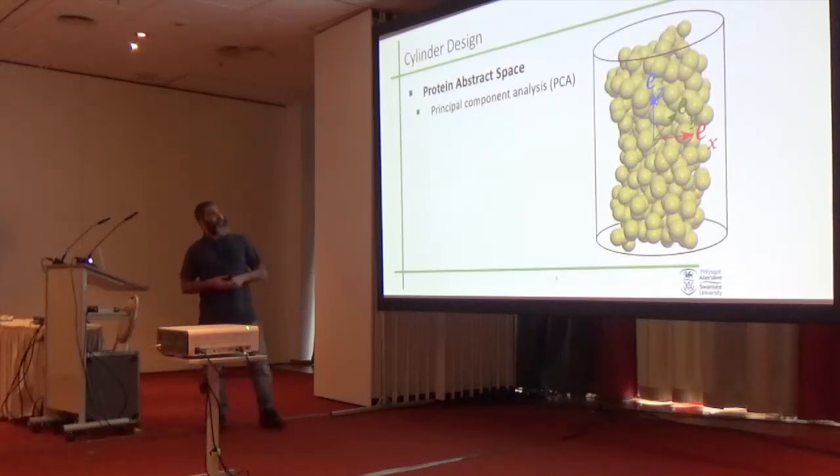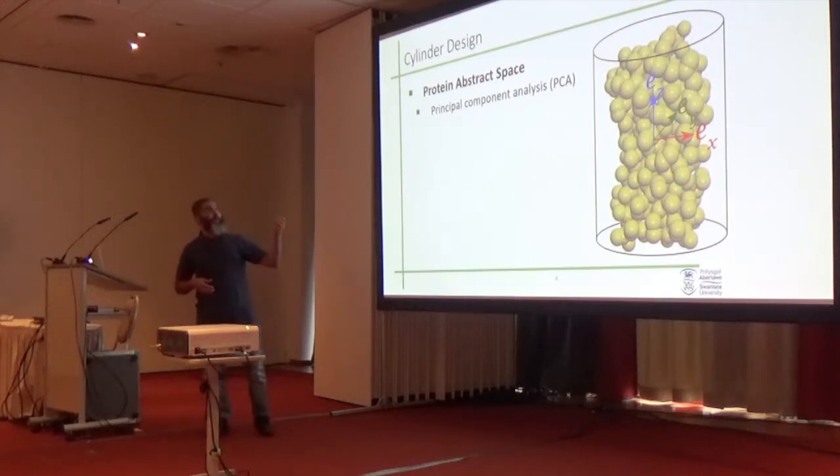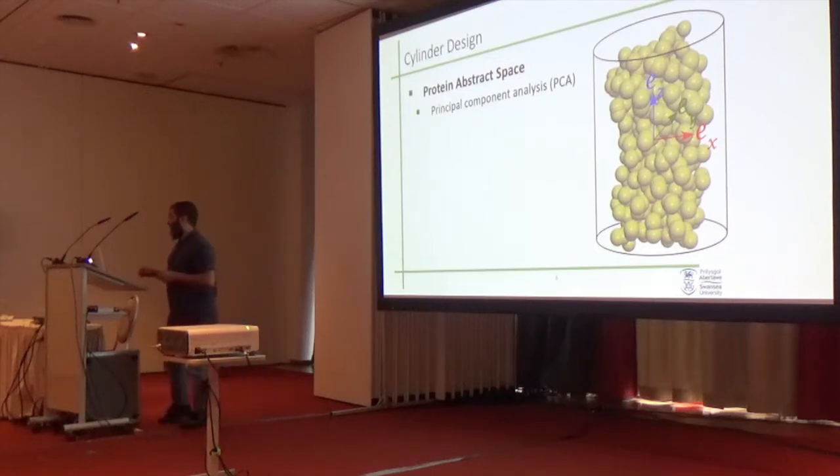In our design, we first utilize principal component analysis to get the configuration of the space by finding the eigenvectors, which are the base of our space, and the eigenvalues that define the radius and the height of the space.